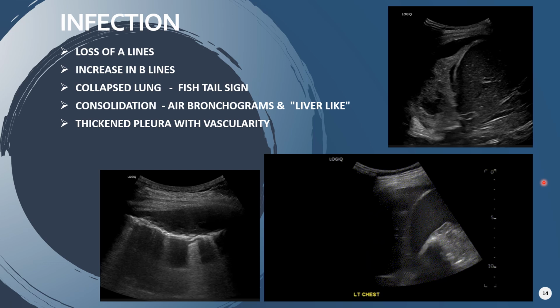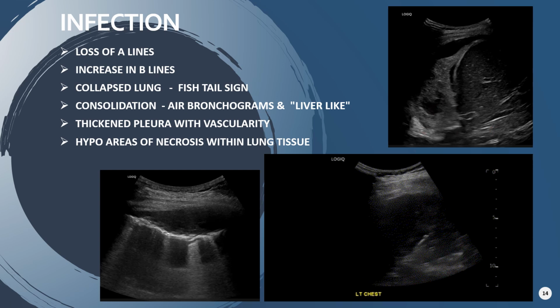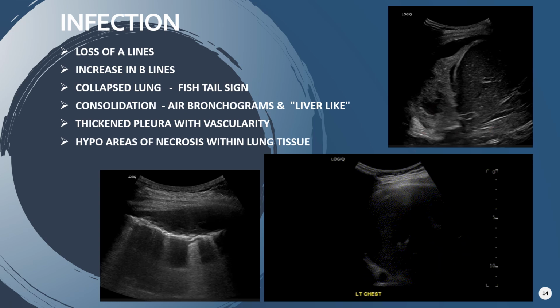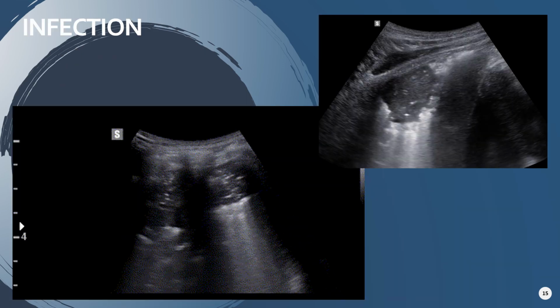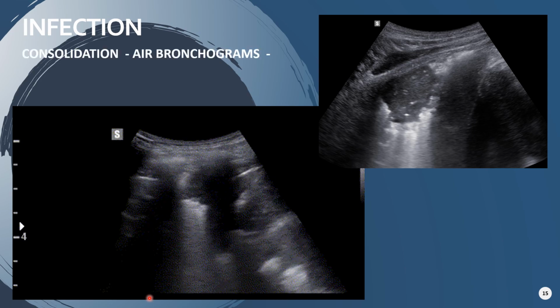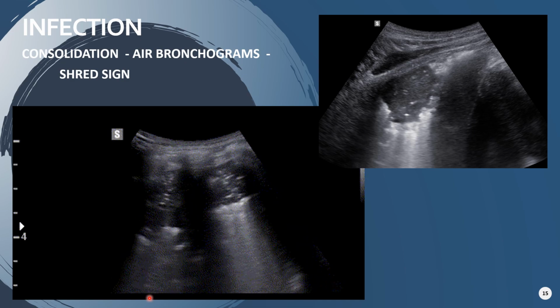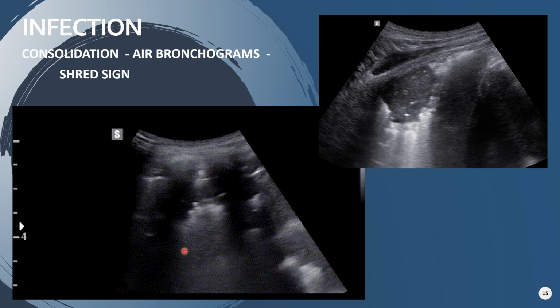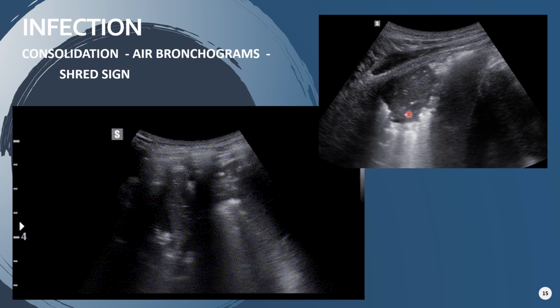So thickened pleura with vascularity we saw before, and these sort of hypoechoic areas can be necrosis within the lung tissue. So the air bronchograms that we mentioned before, and the shred sign is seen here. Consolidation shows these little air bronchograms in this dynamic image, and in this still image you can see them.